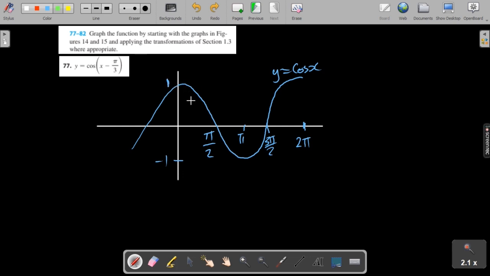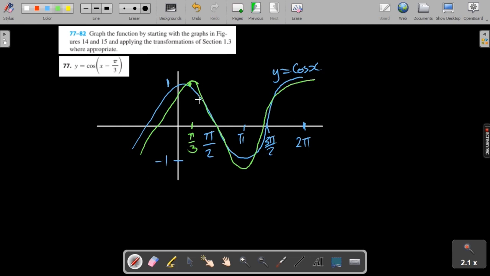So you're going to shift this point to somewhere there at pi over 3 and have the exact same point. And every other point will be shifted accordingly. So that's how this is going to work. You're just going to shift every single point; the amplitude shouldn't change. You're just going to shift your function by pi over 3.